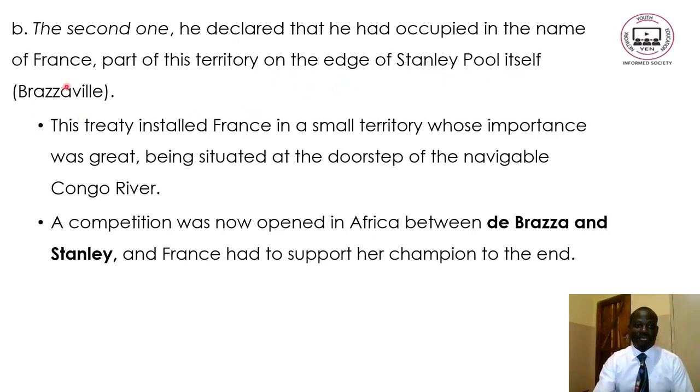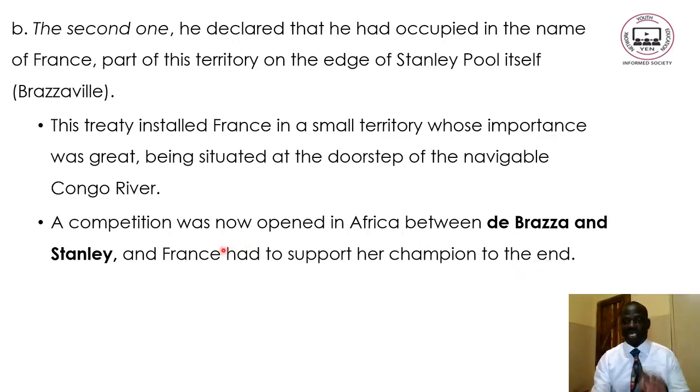So that is Brazzaville. This treaty installed France in a small territory whose importance was great, being situated at the doorstep of the navigable river Congo. A competition was now opened in Africa between De Brazza and Stanley, and France had to support her champion to the end.